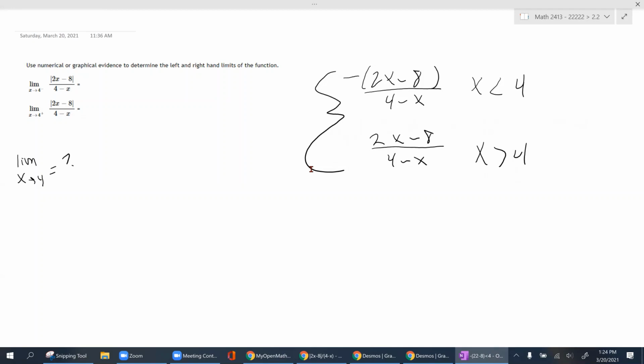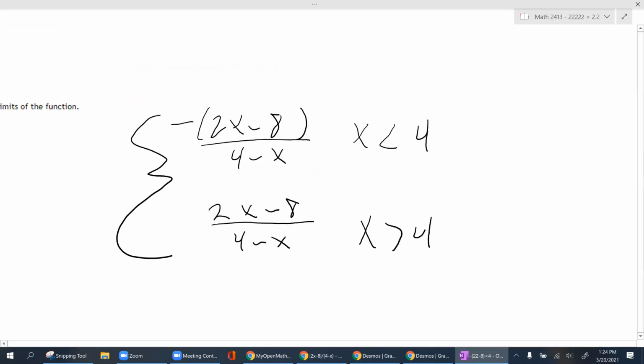If you have an absolute value on the top of a rational expression, you can go ahead and split this up. The absolute value of 2x minus 8 divided by 4 minus x, I want you to split this up into two parts.